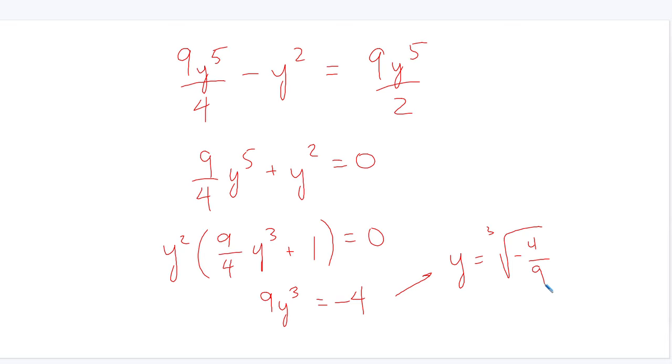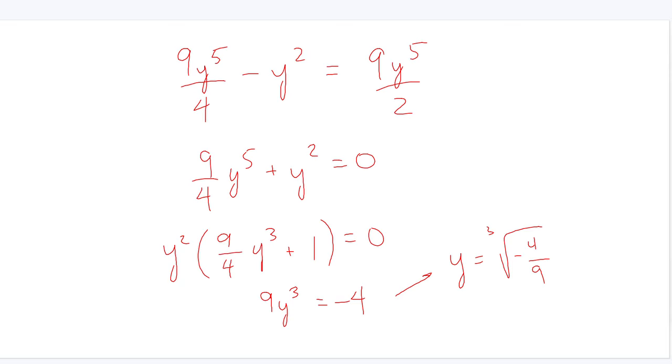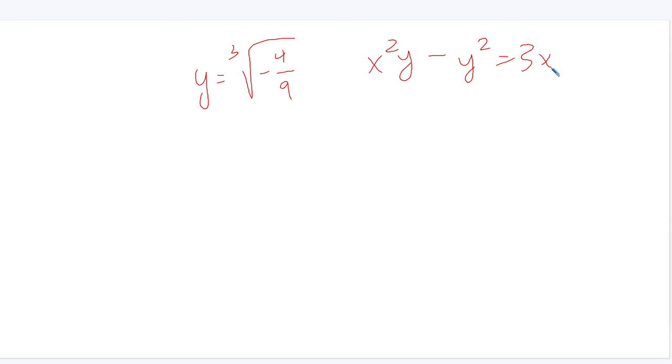And so what we should really do here is plug it back into our original equation. If we take that cube root of negative 4/9 and plug it back into the original equation, I'll write this on a new page. All right, it was y equals the cube root of negative 4/9, and we're plugging it into our original equation, which was x squared y minus y squared equals 3xy cubed.